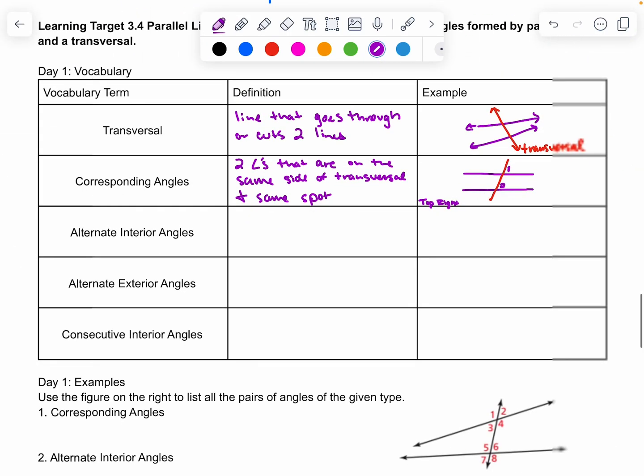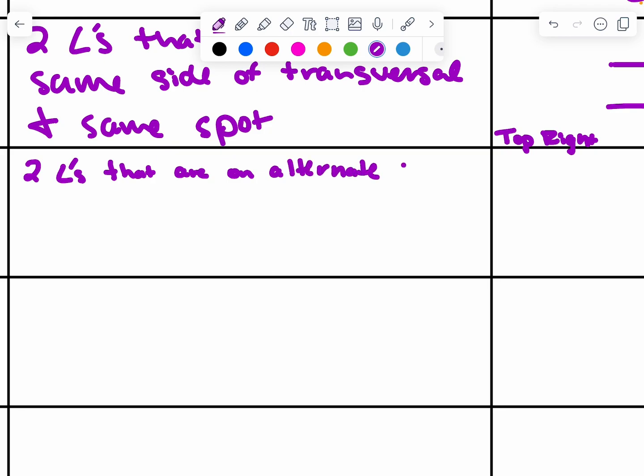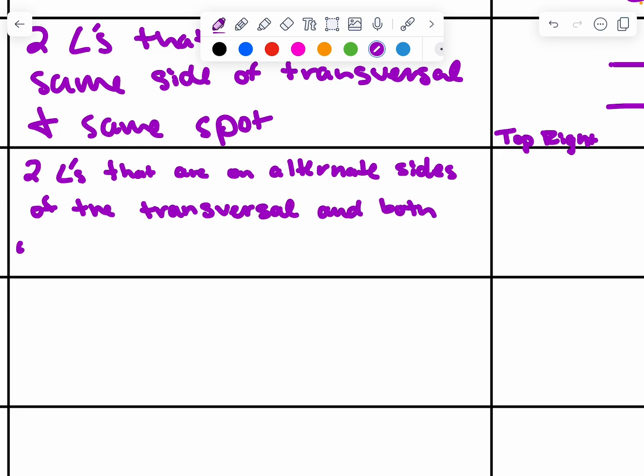All right, next, alternate interior angles. These are 2 angles that are on alternate sides of the transversal, and both, quote, inside the 2 lines.